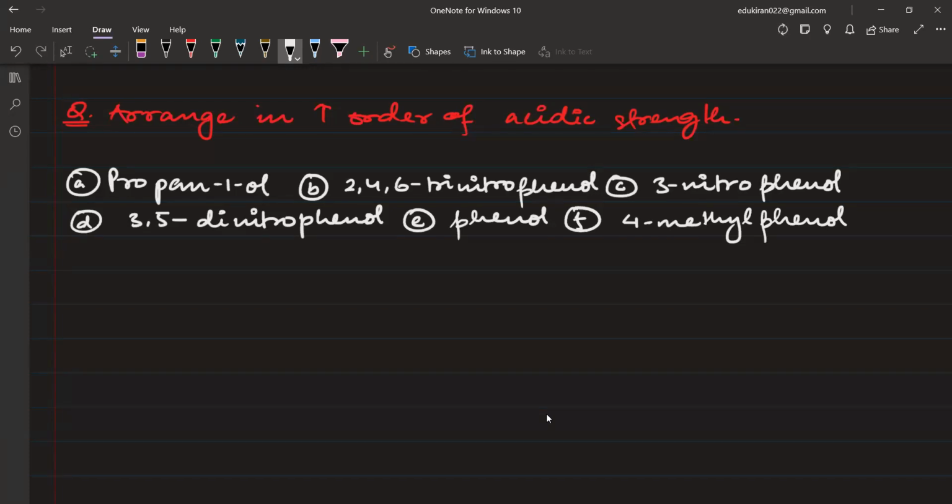We need to arrange them in increasing order of acidic strength. So first of all, let us start with drawing all of these molecules. So we have propan-1-ol on 1, 2, 3 carbon atoms, and then OH group. 2,4,6-trinitrophenol: OH, NO2, NO2, NO2.